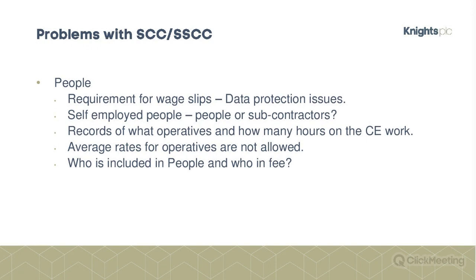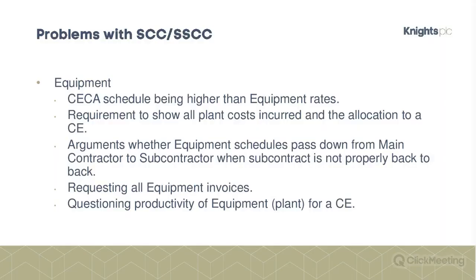Now, I don't think we'll ever get away from that because, even with JCT, you have to provide that. But, it's all extra paperwork to be provided. Average rates aren't allowed. And also, issues about who's included within the people category and who's included within that fee.